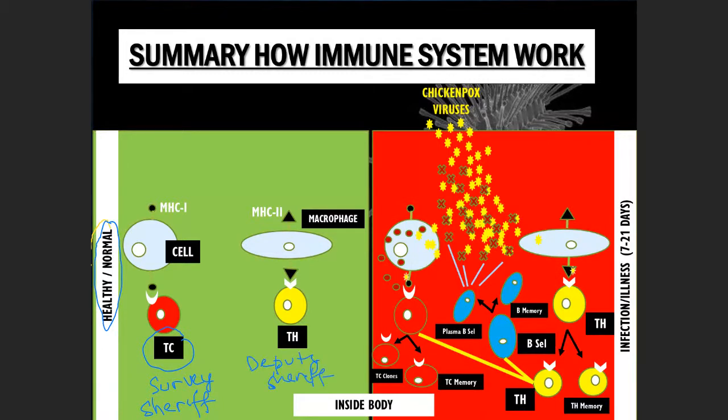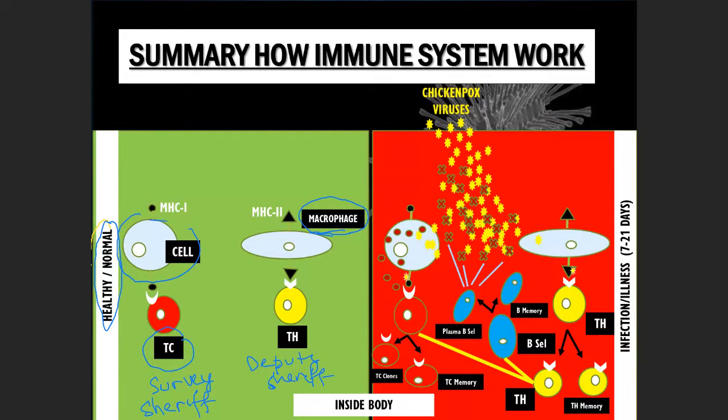Okay, so the T helper also surveys, but the T helper only surveys the cells that are able to eat bacteria, like macrophages, for example. The TC will survey all other cells, except the macrophages, phagocytes and neutrophils.